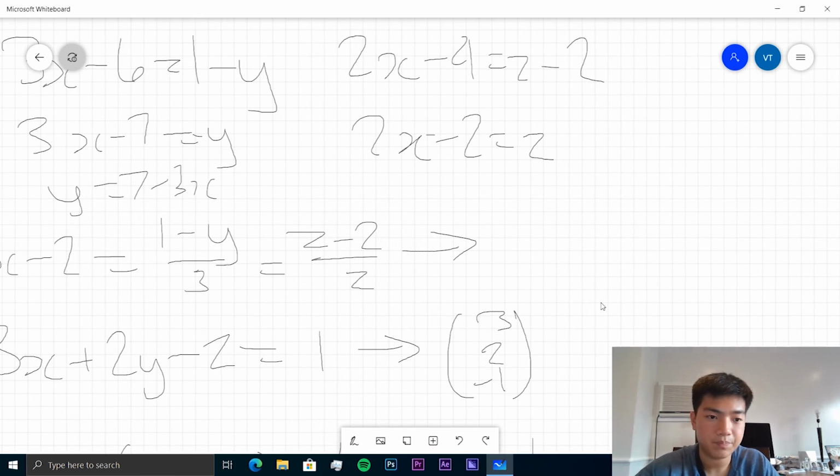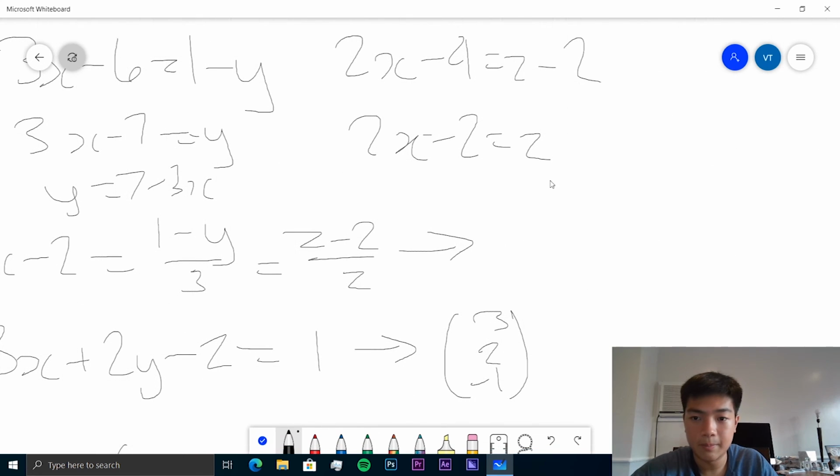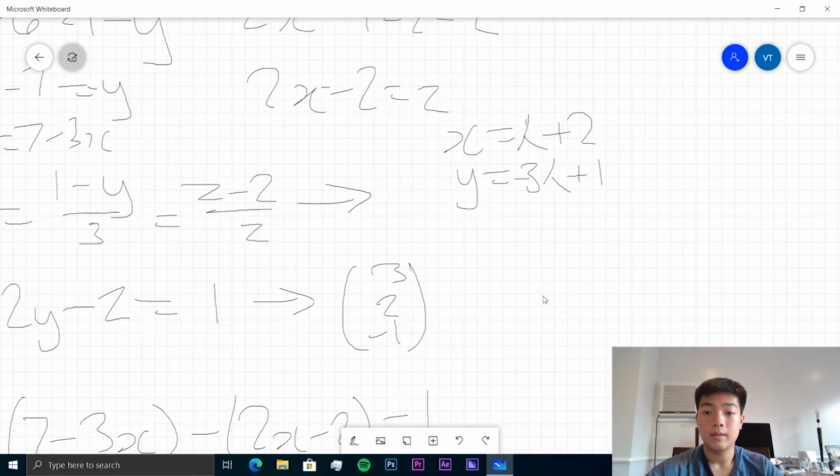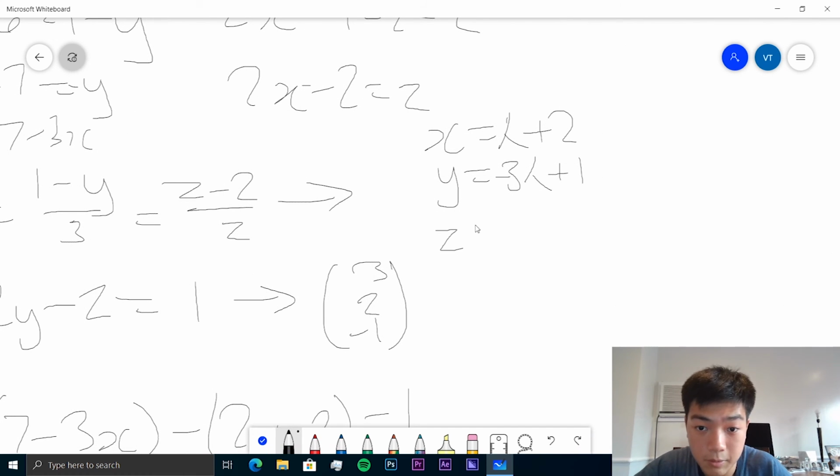We get x is equal to lambda plus 2, y is equal to 1 minus 3 lambda, and z is equal to 2 lambda plus 2.